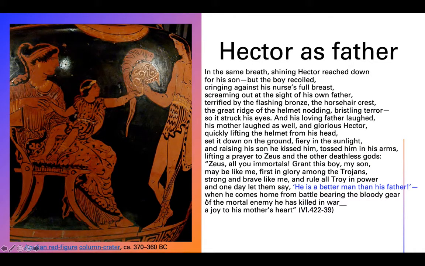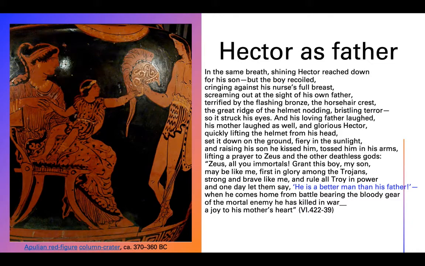In the same breath, shining Hector reached down for his son, but the boy recoiled, cringing against his nurse's full breast, screaming out of the sight of his own father, terrified by the flashing bronze, the horsehair crest, and the great ridge of the helmet nodding, bristling terror, so it struck his eyes. And his loving father laughed. His mother laughed as well.